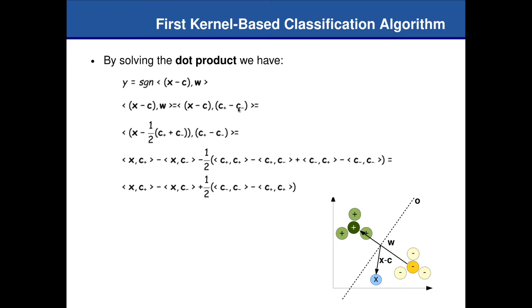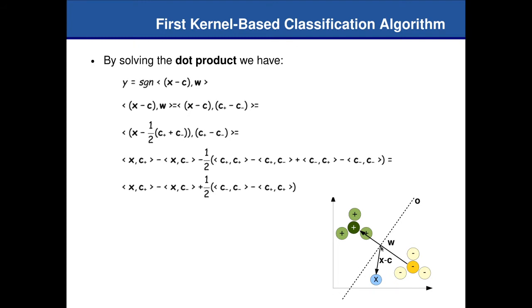What can I do next? I can just substitute c. You remember what c is? c is basically the position vector that goes up to the central point over here. How can I compute it? That's the same as c plus plus c minus, divided by 2.